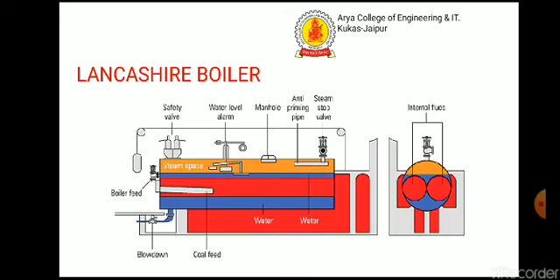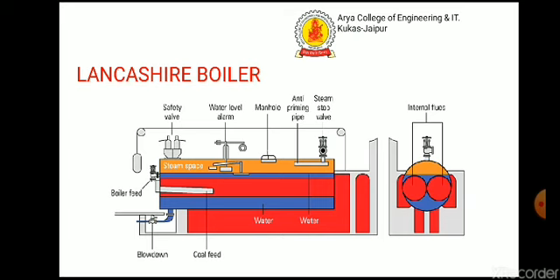Now construction. The various parts of Lancashire boiler are as follows. The main parts follow. Safety valve. It is used to blow off the steam when the pressure of the steam inside the boiler exceeds the working pressure.